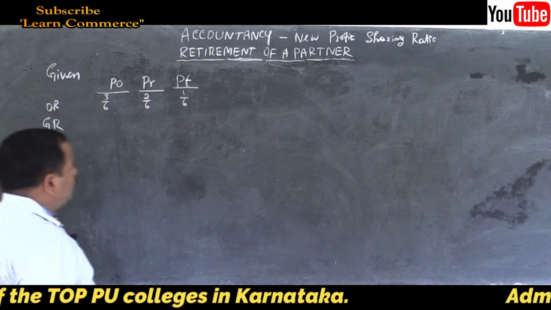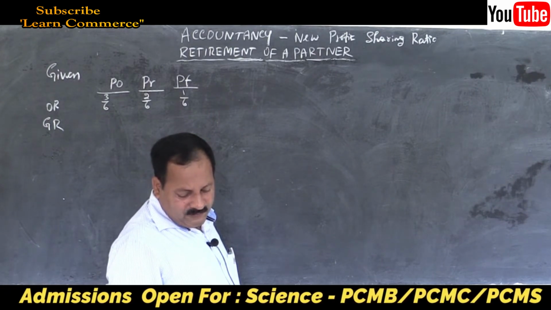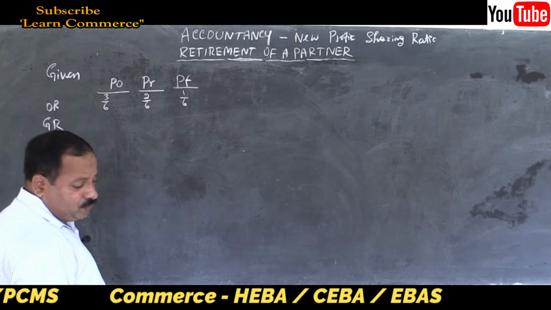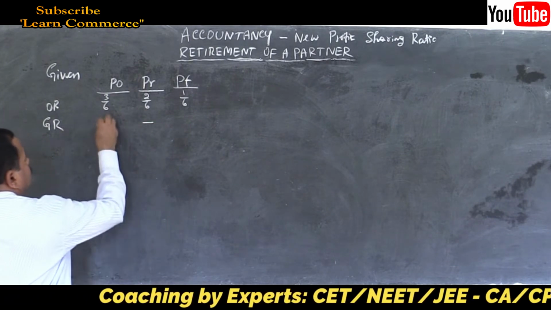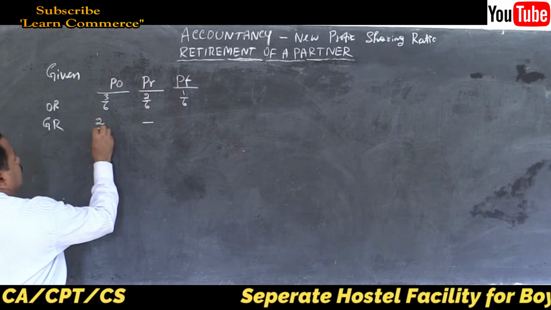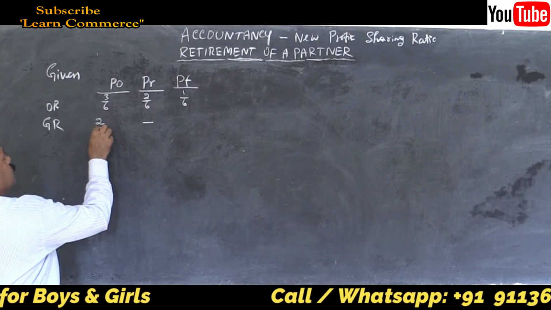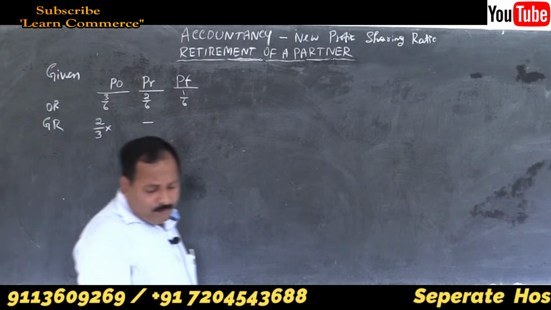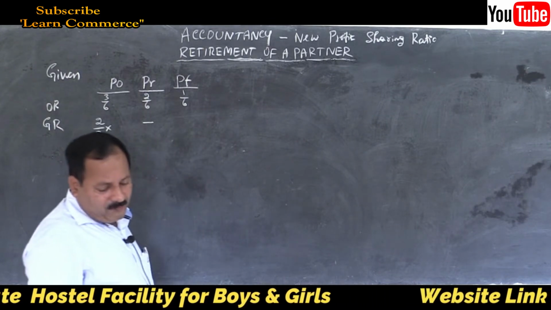Then gain ratio of Pooja is equal to, taken up by Pooja and Pratishtha in the ratio of 2:1. So Priya's share, how much? 2 by 6. Who is retiring? Priya. So Pooja acquires how much? 2/3 of the retiring partner's share, that is 2 by 6, right?